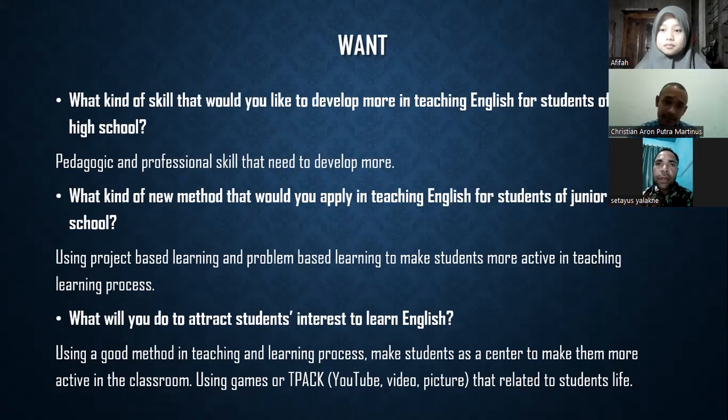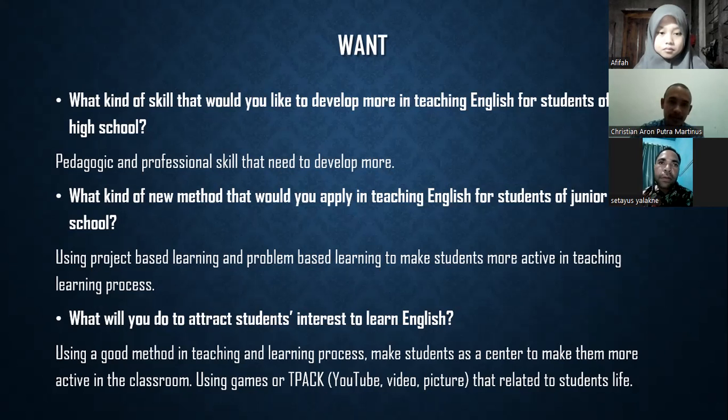Next, what kind of new method will you apply in teaching English for students of junior high school? Using project-based learning and problem-based learning to make students more active in the teaching learning process.